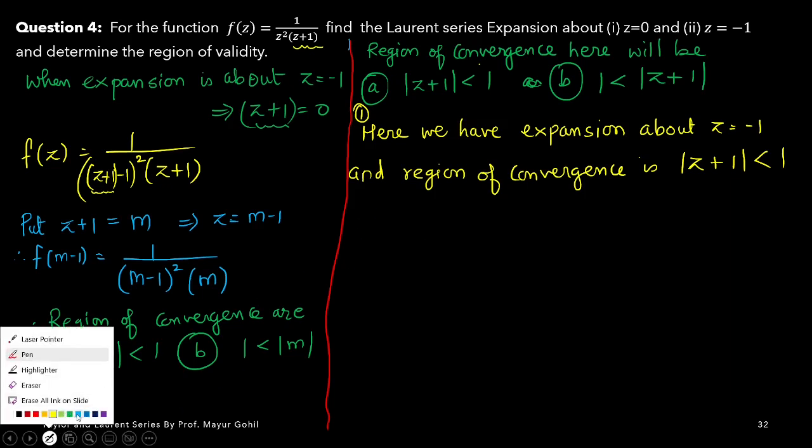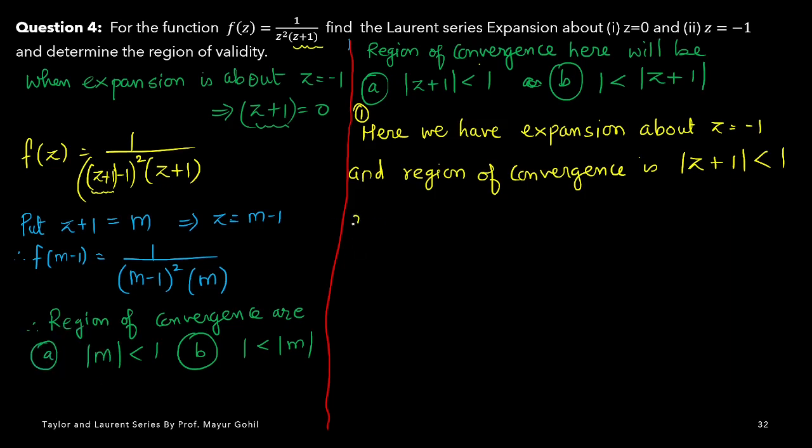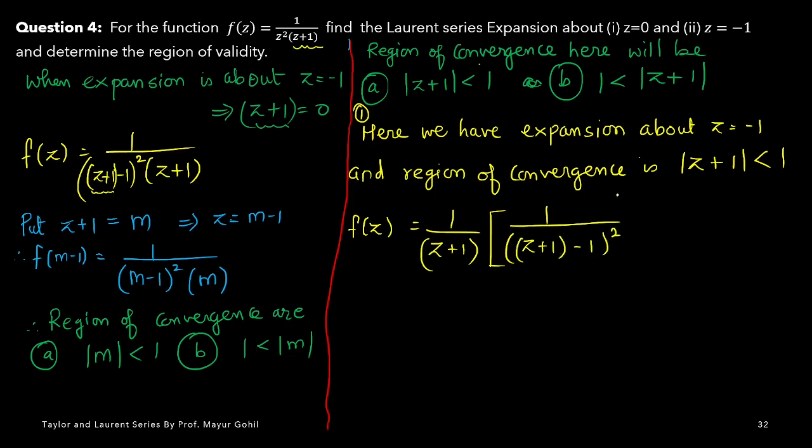So I'll write here with yellow, f of z is equal to, now this 1 upon z plus 1 we keep as it is. What about the other part? It is 1 upon z plus 1 minus 1 the whole square. This can be written as 1 upon z plus 1 as it is outside, and now I can write this as 1 upon 1 minus z plus 1 the whole square.